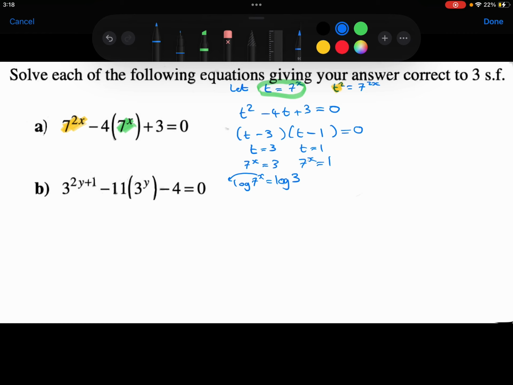Bring the x down. And then divide both sides by log 7. Which, if I put that into my calculator, I'll get 0.565 to 3 significant figures.